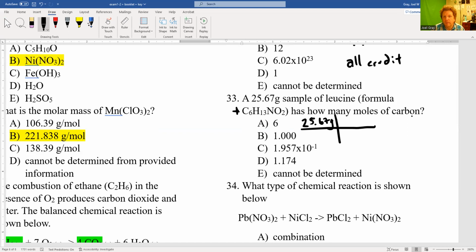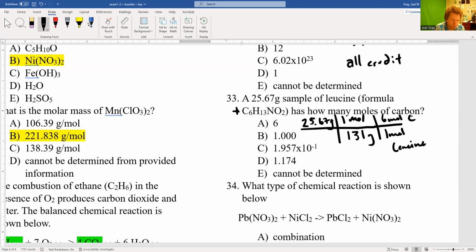So I need to figure out my molar mass for C6H13NO2. I've got 6 carbons, so 12 times 6, plus 13 times 1, because the mass of hydrogen is 1, plus N, which is 14, plus O, which is 16, so that's 32. So my molar mass is 131 grams. That's 1 mole of this substance, leucine, which has 6 moles of carbon.